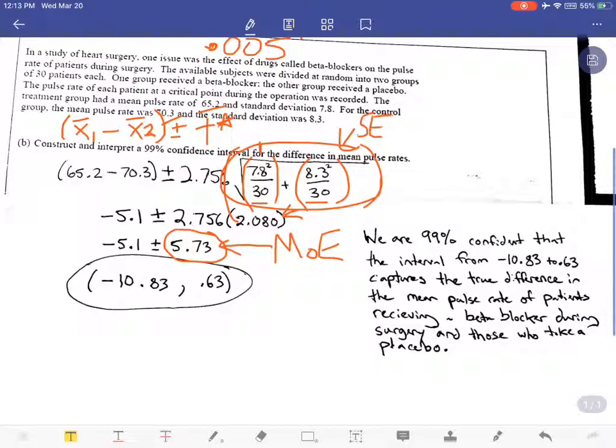In that response, it's one sentence, but it has all the information that we need, especially including what it's talking about in context. If you just said we are 99% confident that the true mean difference is between negative 10.83 and 0.63, you would only get partial credit for that because you're not including context. You want to make sure you're including context in your interpretations.